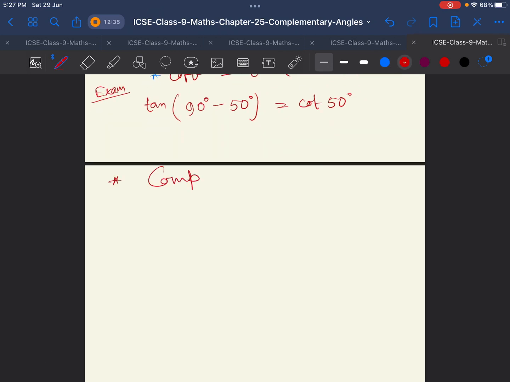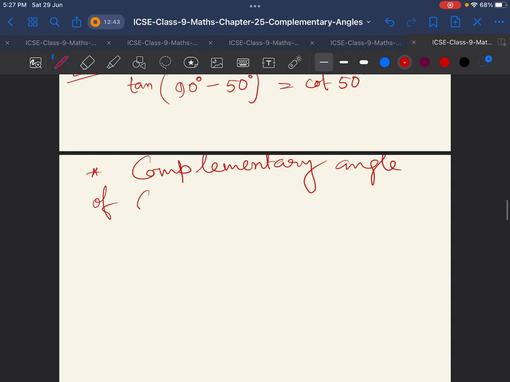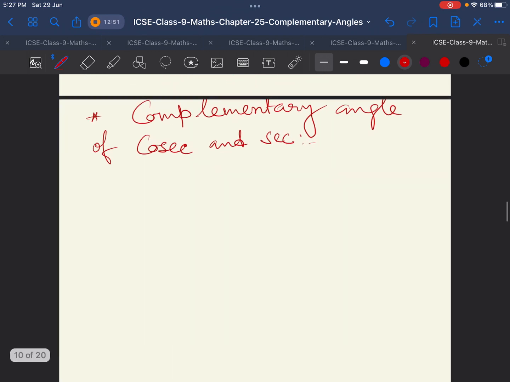Now complementary angle of cosec and sec. Okay, so now we draw a triangle.